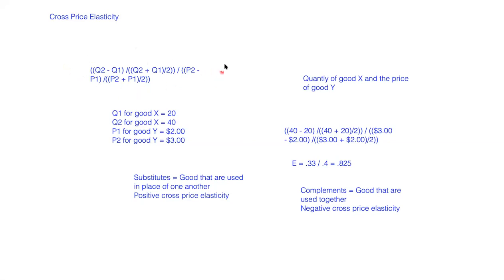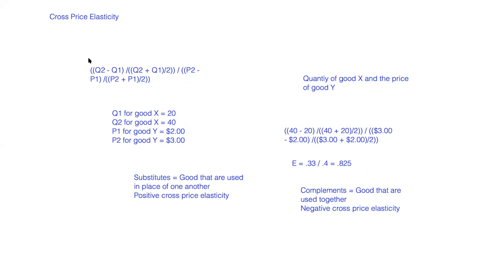So this formula does not change. The only thing that changes is that for the elasticity of demand and supply, you have the quantity and price for the same good. For cross price elasticity, you have the quantity for one good and the price for another good. Otherwise, you just plug the numbers in and interpret what the elasticity is telling you.